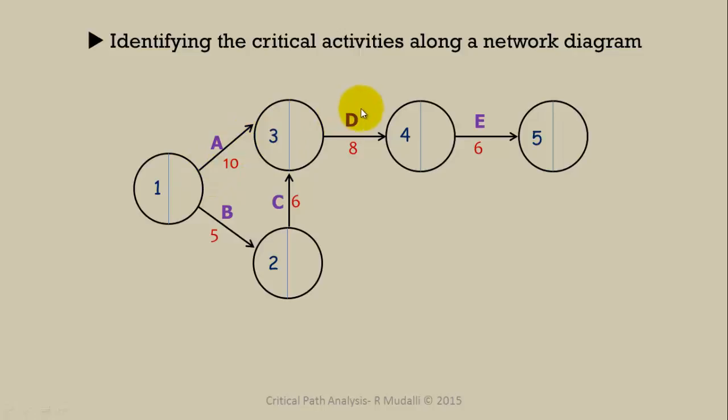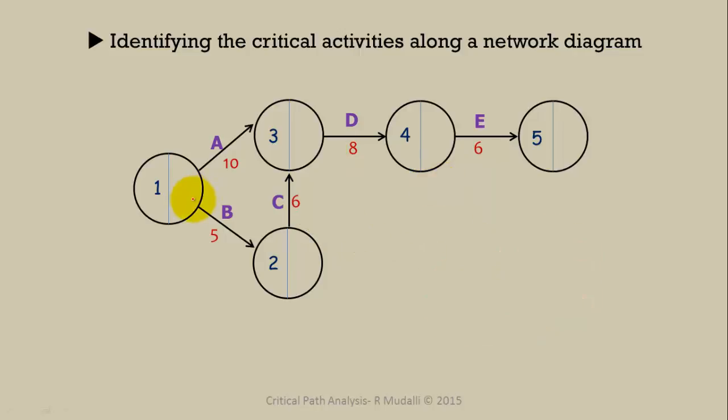Therefore, activity D depends on activity A and activity C. Likewise, activity E also depends on activity D. Activity D ends here and then activity E starts. So these are dependent activities. Activity C, D, and E are dependent activities.